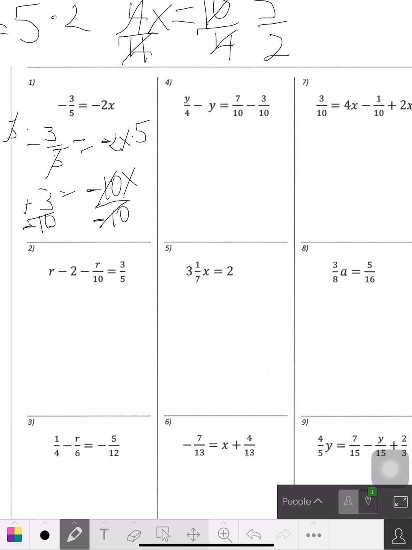Remember, a negative divided by a negative is going to be a positive. If it's a positive divided by a positive, it's a positive. It's only when they're opposite signs, a negative divided by a positive or a positive divided by a negative, that the negative sign wins out. So this will be a positive. 3/10 is x. And that's all there was to it.